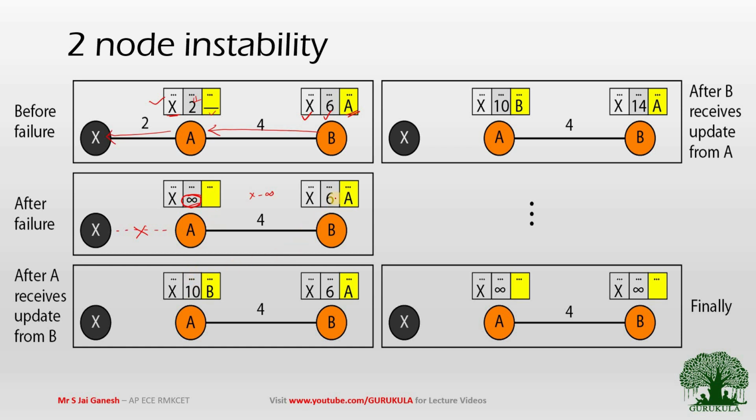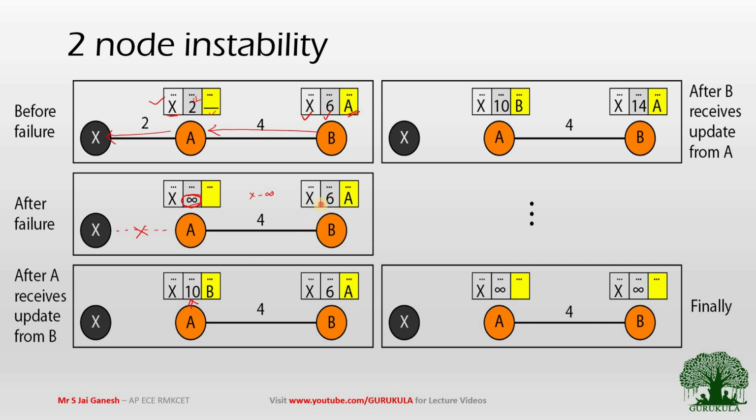If B sends its table to A, now A will understand that there is some link which is connecting to node X via B. So node A will update its table again. It can reach X with a cost of 10. How is this 10?